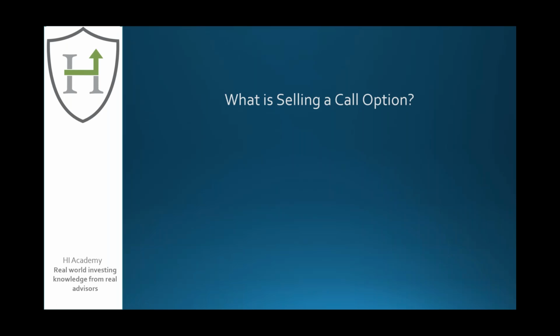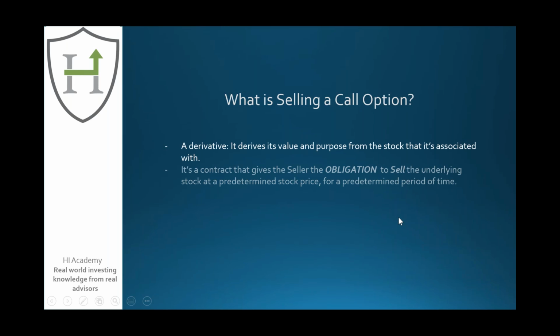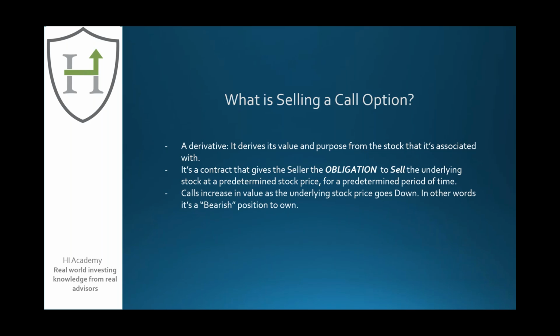Selling a call, still a derivative, nothing changes there. But when you sell a call, it gives the seller the obligation to sell the underlying stock at a predetermined price for a predetermined period of time. The calls increase in value as the stock price goes down. In other words, it's a bearish position.